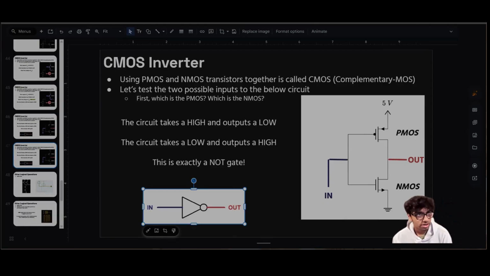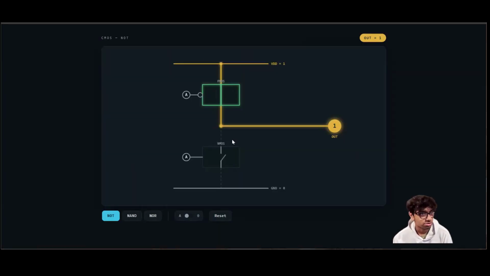So let's quickly use a demo just to demonstrate what we just talked about. Notice we have one input here. These are both the same input, coming from A. And I toggle A with this switch right here. So if A is off, which it is right now, then the PMOS is on and the NMOS is off.